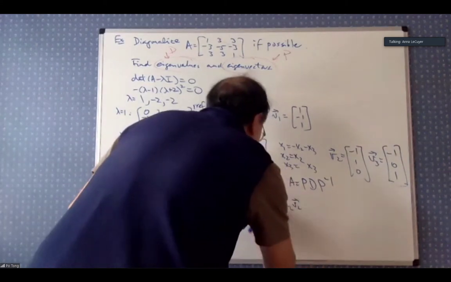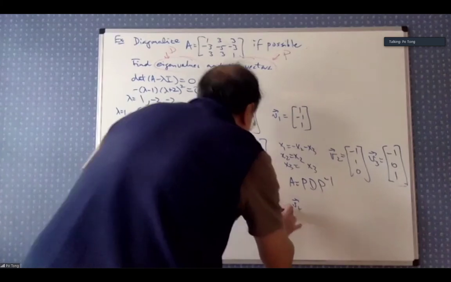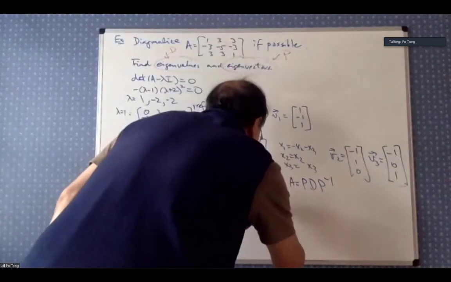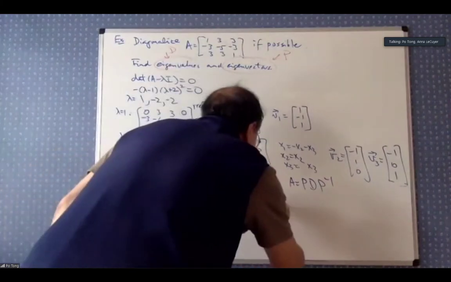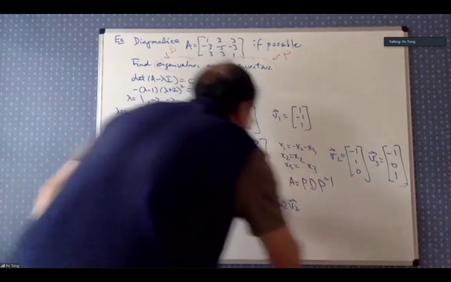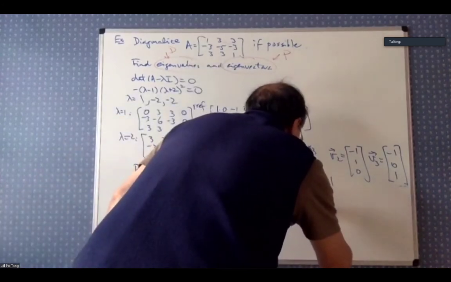Where did the D matrix come from? It comes from the eigenvalues. So AV1 is V1, AV2 is negative 2V2, AV3 is negative 2V3.